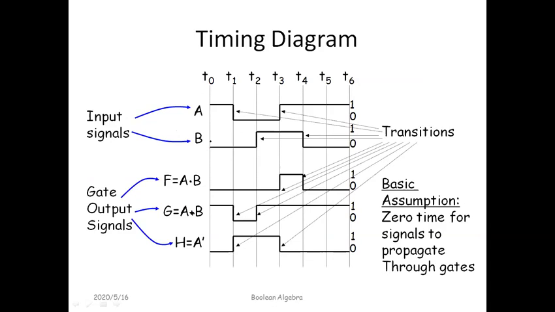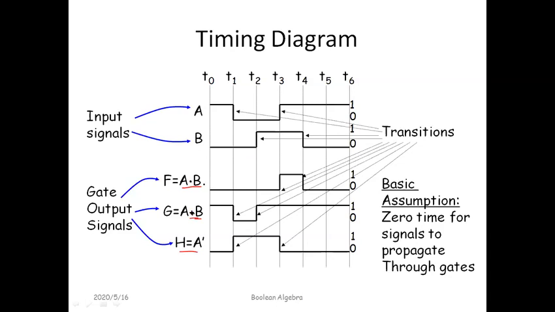Okay, so let's look at the input signals, which are A and B. This is the waveform for B, and the waveform for A. So now we are looking at 3 different gates. There is the AND, the OR, and the NOT. So let's first look at the AND.